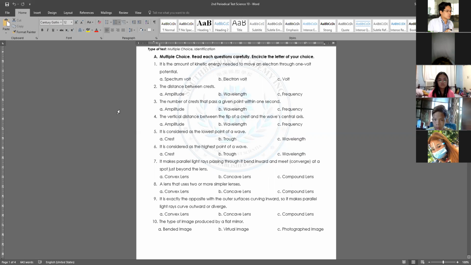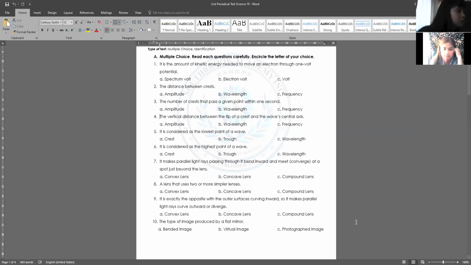The vertical distance between the tip of a crest and the wave's central axis. A. Amplitude. Again, the vertical distance between the tip of the crest and the wave's central axis is the amplitude. A. Correct.